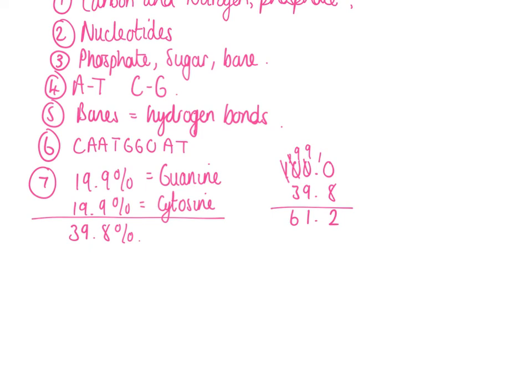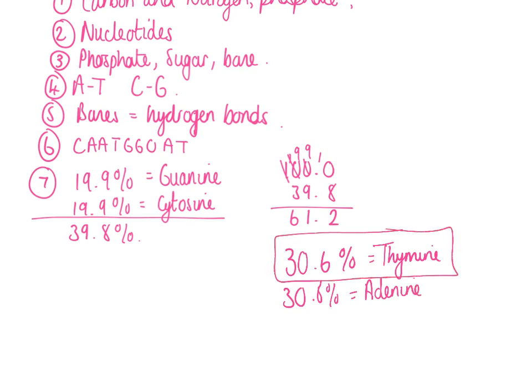So if we're going to divide that by 2, we would have 30.6% of thymine and then 30.6% of adenine. We would have the exact same. So our answer, 30.6% thymine.